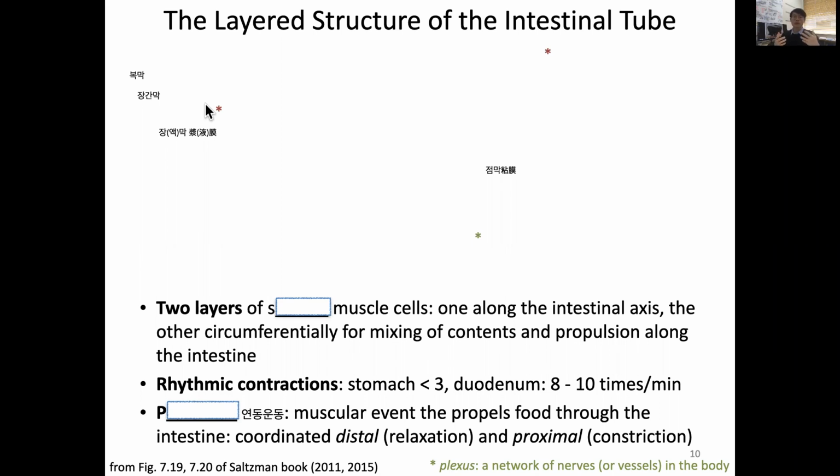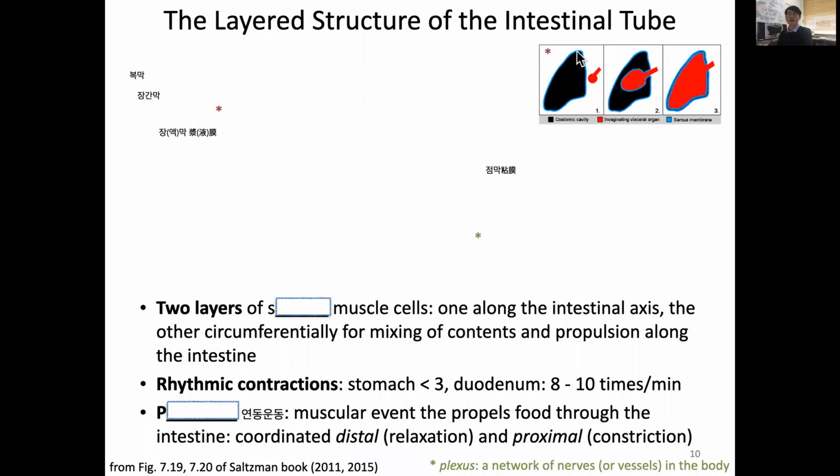Before we talk about it, we have to think about the structure of our body, especially inside the abdominal cavity. So the abdominal cavity looks like this. There exists a peritoneum, and that's the lining in blue.